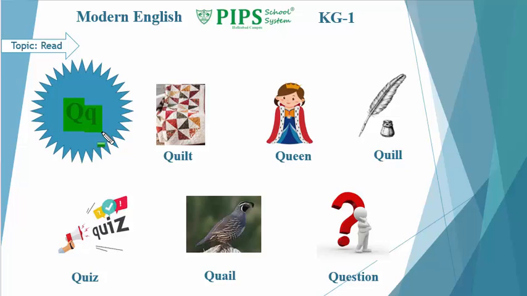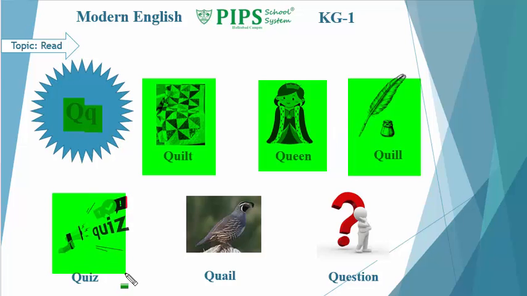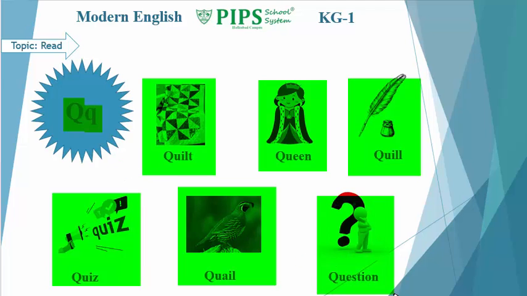Sounds like Q. Let's learn which things begin with the letter Q. Q for quilt, Q for queen, Q for quill, Q for quiz, Q for question. Now students, read with me.